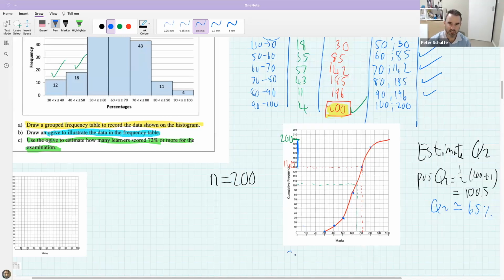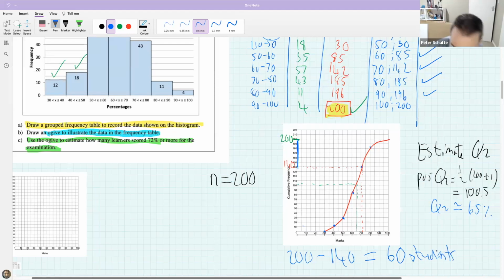The difference is just going to be 200 in total minus 140, which means 60 students got more than 72%.